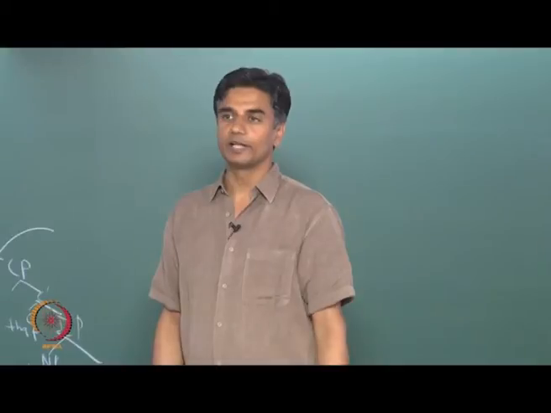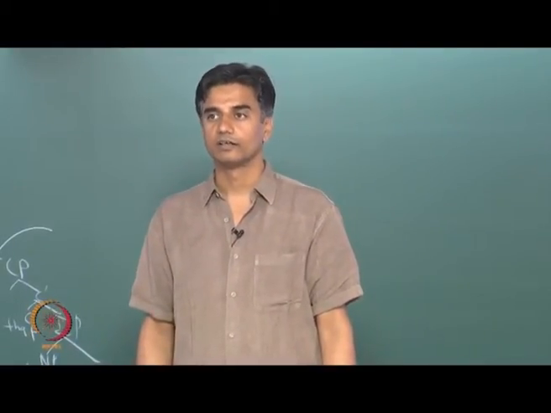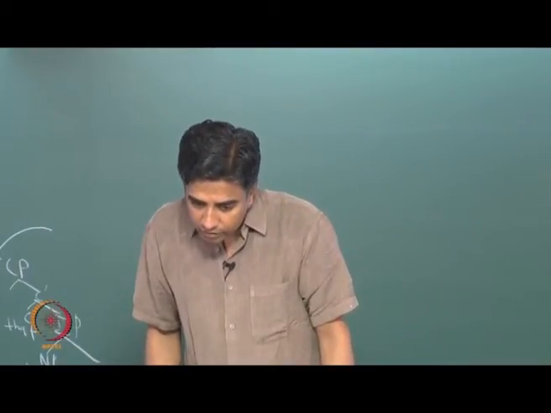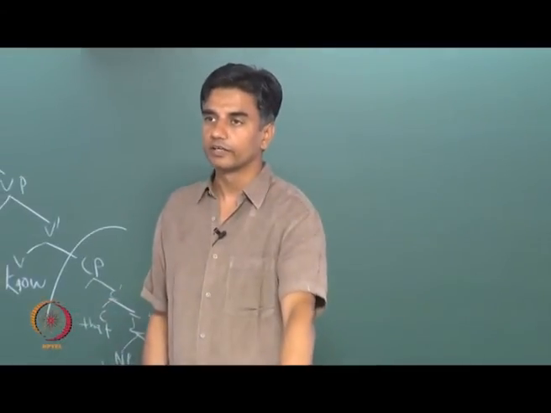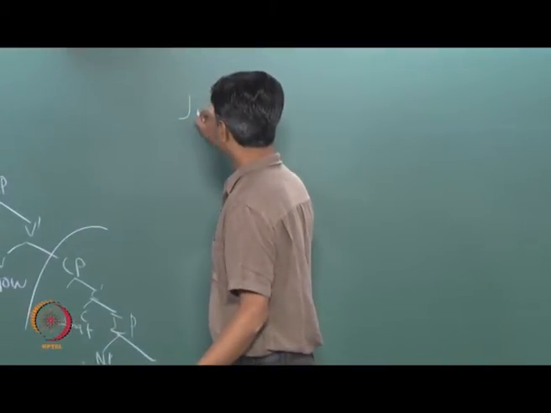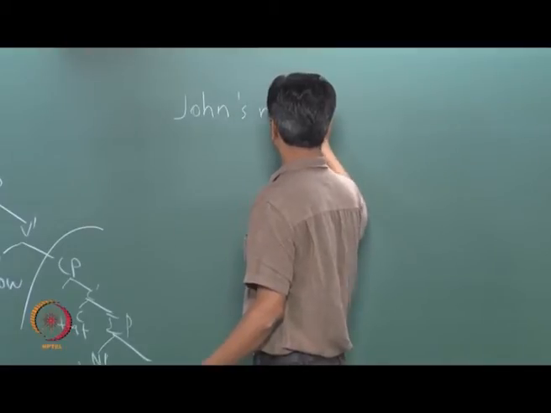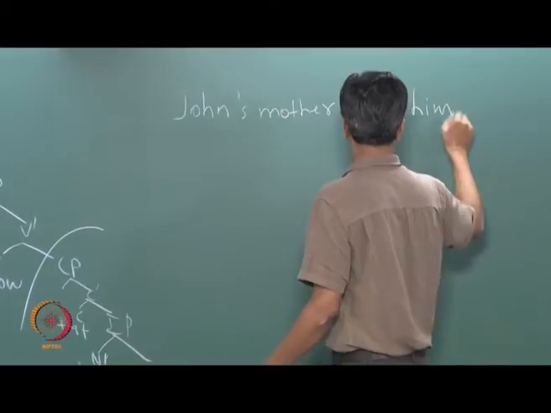Understand the difference between principle A and principle B? Sorry? Yeah. Definitely. You're talking about sentence number 2, right? The problem is sentence number 2, this is how it should have been done. John's mother saw him.